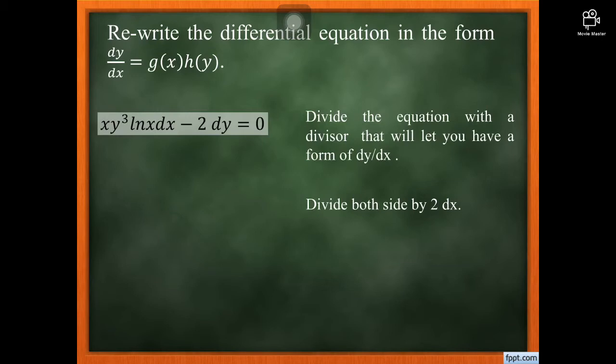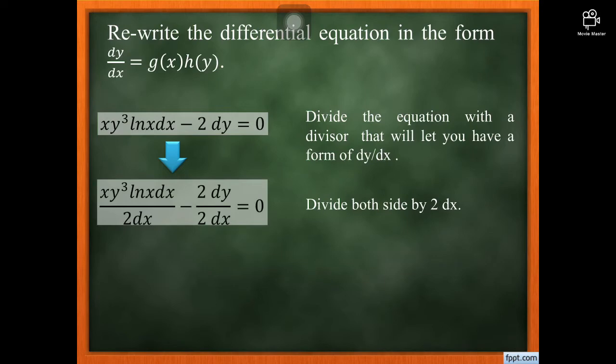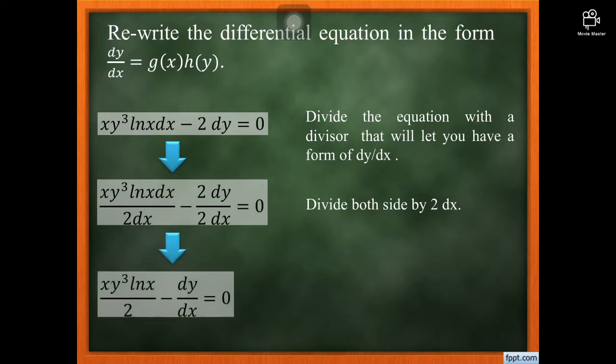So in order to get that dy over dx form, we need to divide both sides by 2 dx. Dividing both sides by 2 dx gives us x y raised to 3 ln x dx over 2 dx minus 2 dy over 2 dx equal to 0. That will give us x y raised to 3 ln x over 2 minus dy over dx equal to 0.